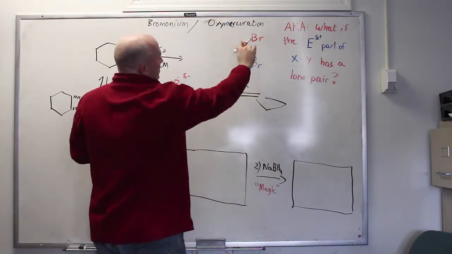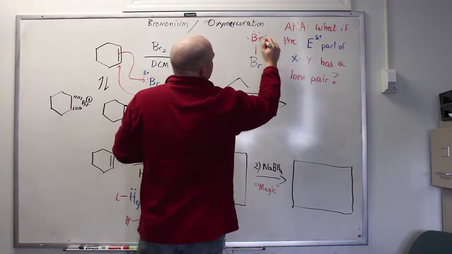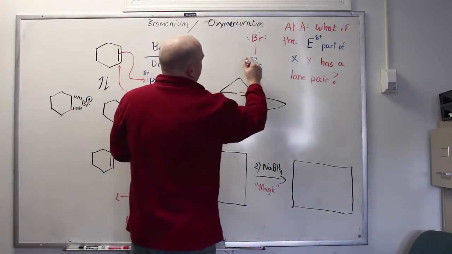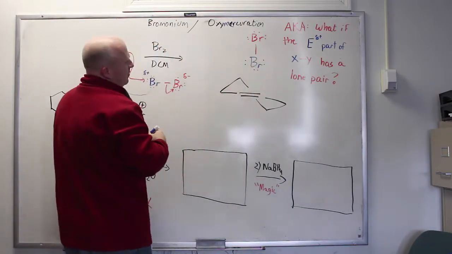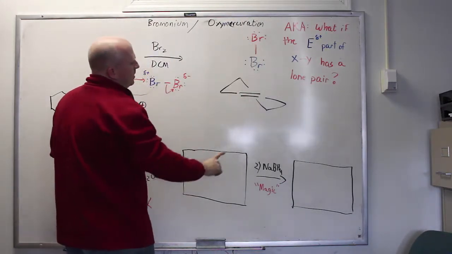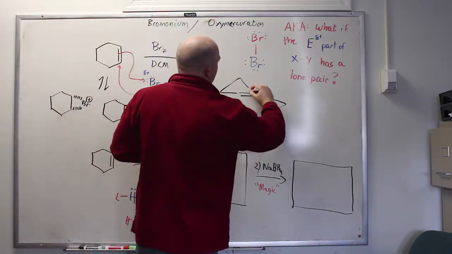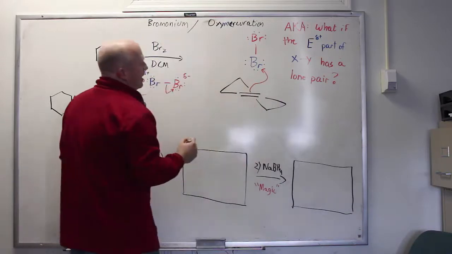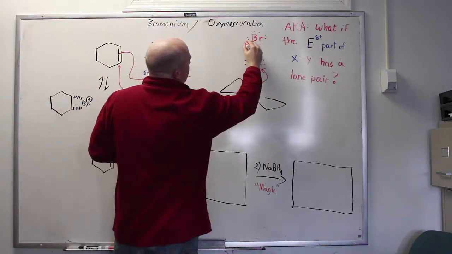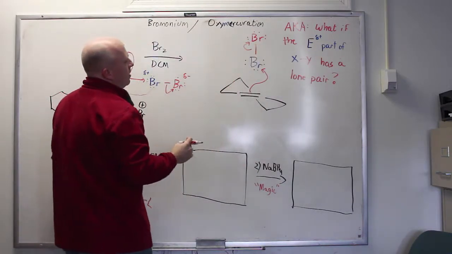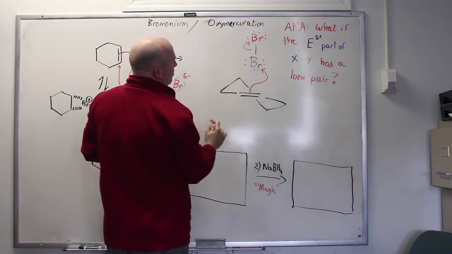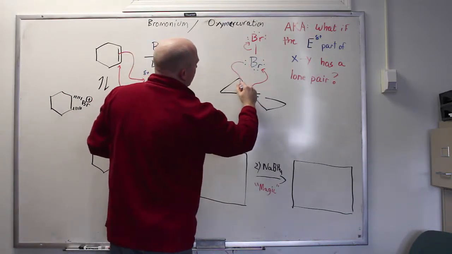So, of course, this is our dibromo species. We've got pairs of electrons everywhere, and what happens is that this relatively polarized Br2 species comes near enough to this double bond to be attacked. And so the pair of electrons comes from the double bond and starts to break the bromine-bromine bond, which is a relatively weak one.